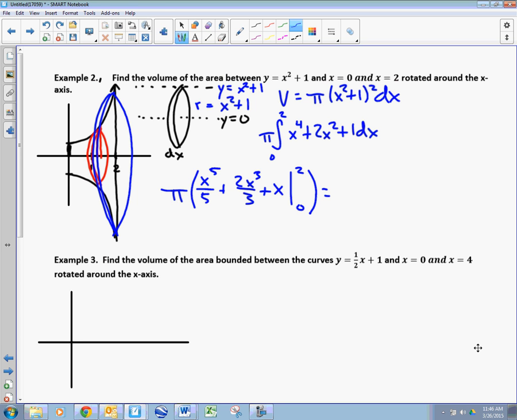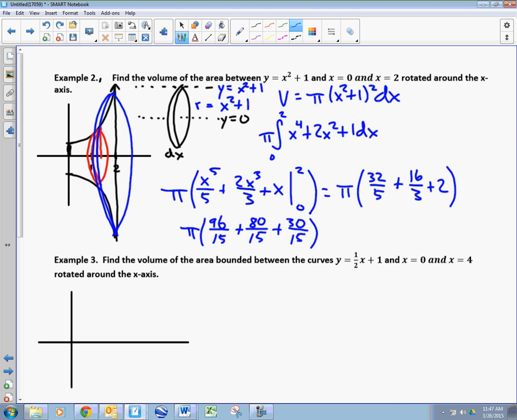So I plug in 2 and I get 32 over 5 plus 2 to the third is 8 times 2 is 16, 16 over 3 plus 2. I'm going to make 15 my common denominator. Pi times 96 over 15, 80 over 15, 30 over 15.